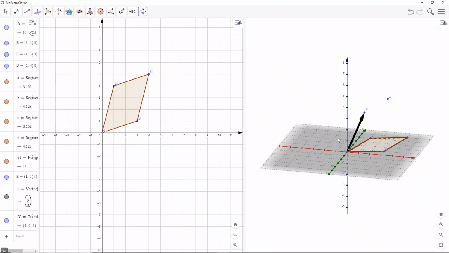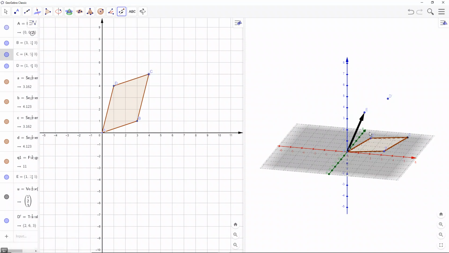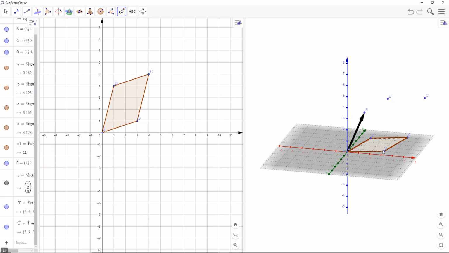This thick vector is just a random vector that I made, and I want to translate the whole parallelogram using that vector. So what I have to do again is take this one, and I point here and there. I get another one here, and oops, what is happening, I don't know.